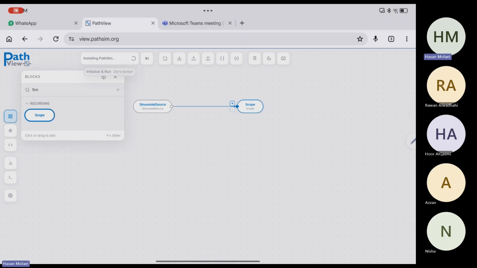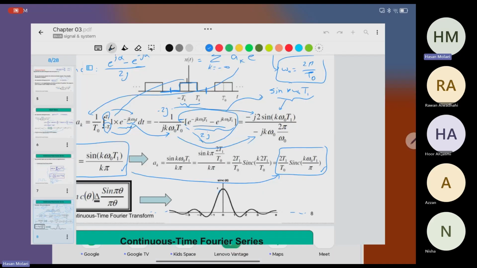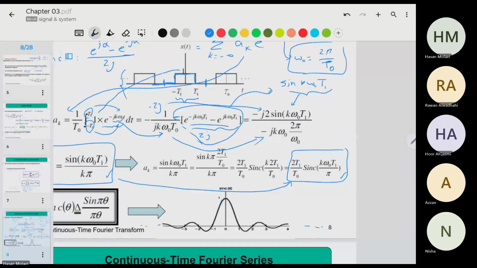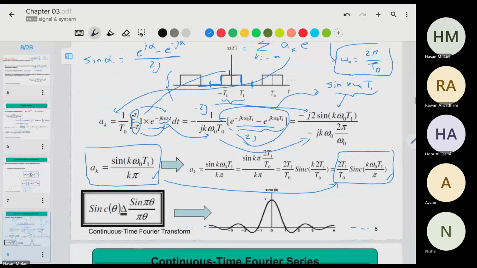Suppose I want to see how I can make this waveform using these sinusoidal coefficients.